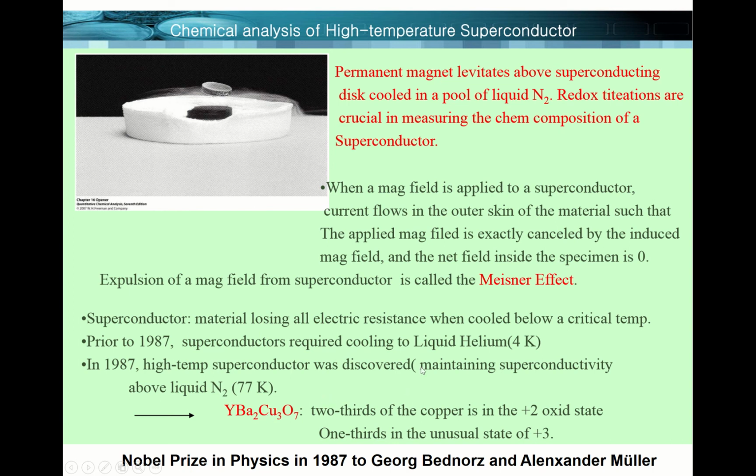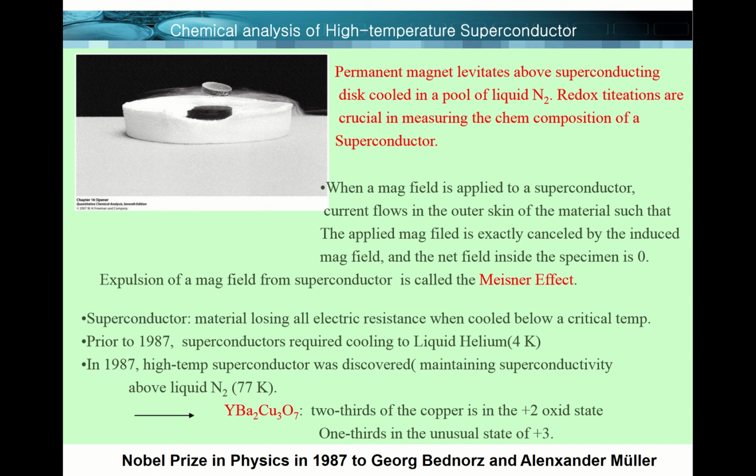All right, let's say some more words about this high temperature superconductor. Look at this figure first. This small disk is the high temperature superconductor, the 1,2,3 compound. Below it is the magnet.